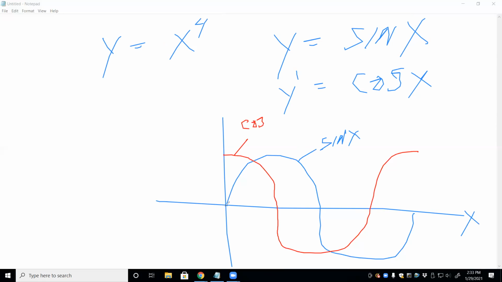If I look at the slope at that point in time, if I'm looking at the slope of the tangent line, it's 1. It's right there. You with me? If I get up to pi over 2, what's the slope of that tangent line?